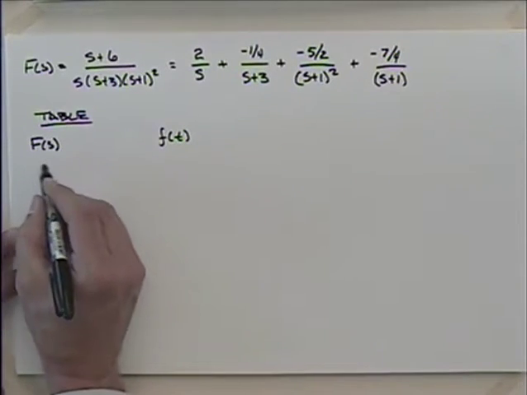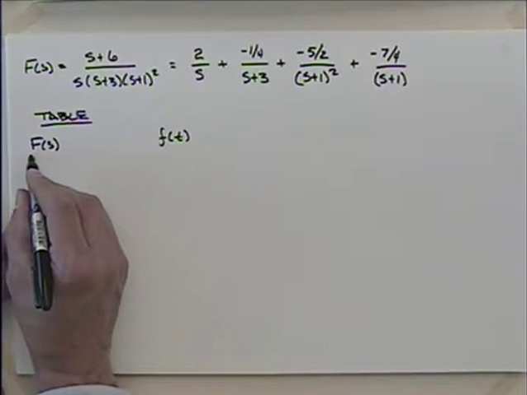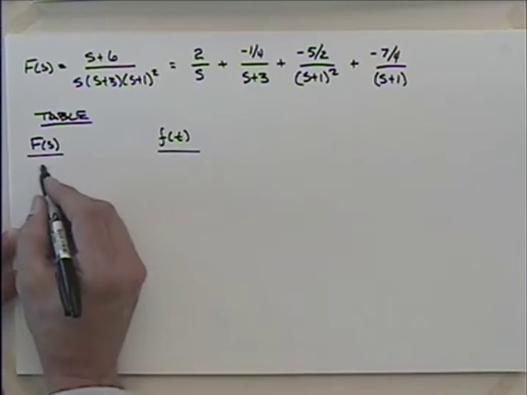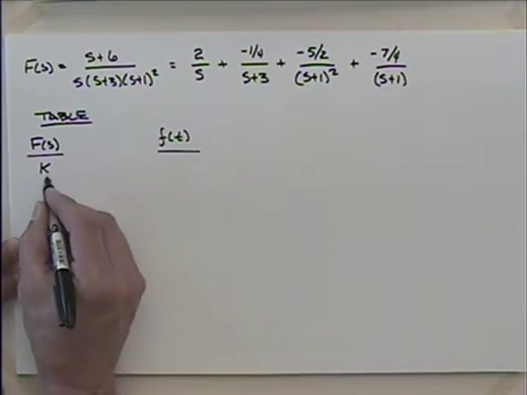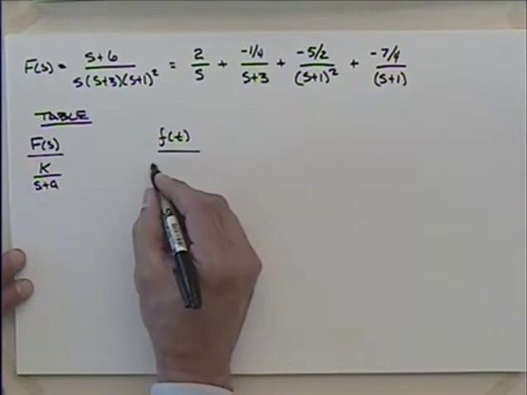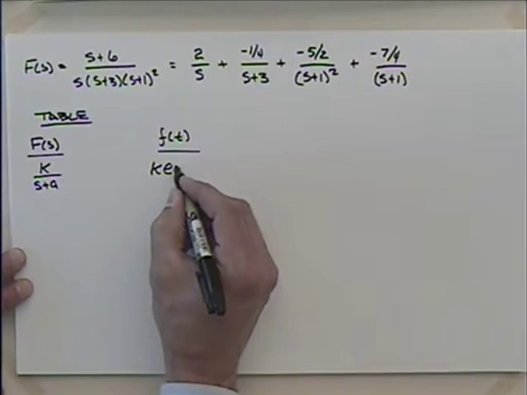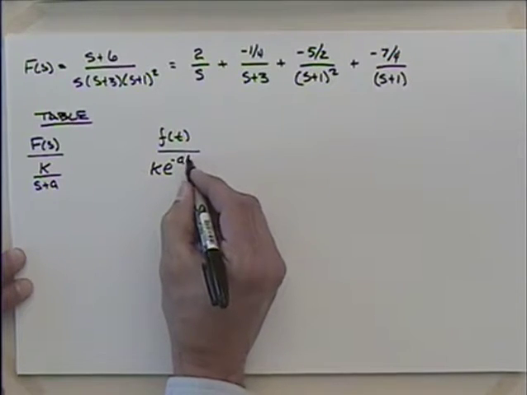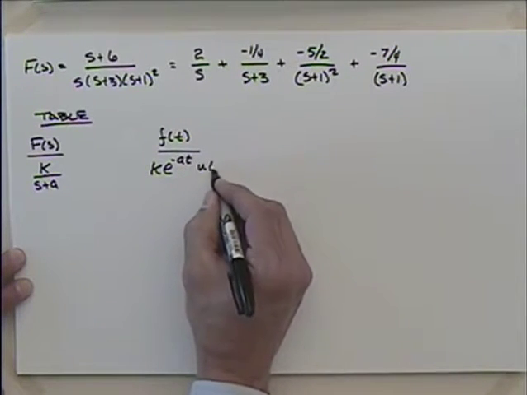So you could have K divided by S plus A, which is going to be K times e to the minus AT u of t.